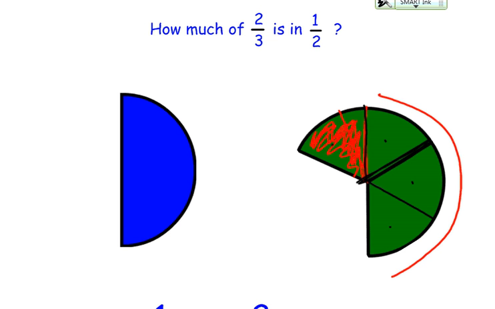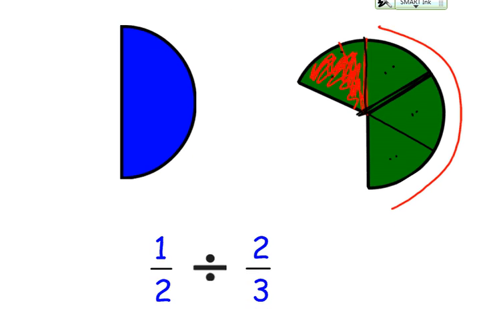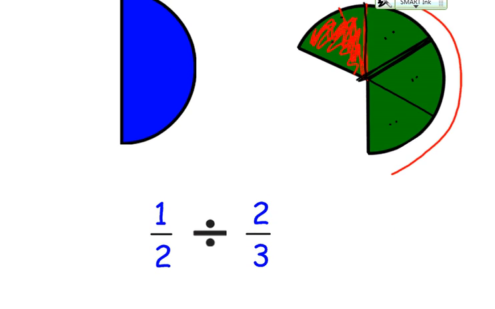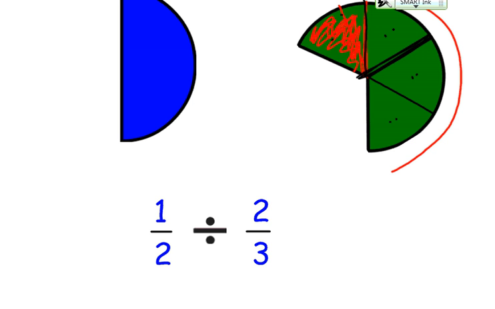And so in the end, 3 out of the 4 parts that we divided our 2/3 into fit into the 1/2. And so we would say that 3 of the 4 parts of the 2/3 fit in the 1/2. Or very simply put, 1/2 divided by 2/3 equals 3/4.